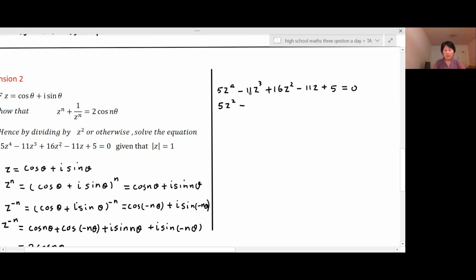Then the z^3 divided by z^2 gives me 11z, then plus 16z^2 divided by z^2 will give me 16.